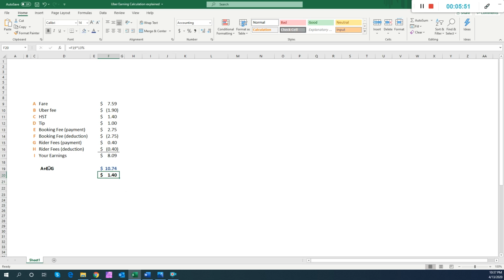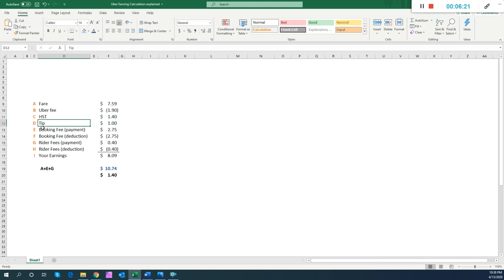If you add up the fare plus the booking fee plus the rider fee and multiply the sum of these three amounts by 13%, you will get the exact amount, which is $1.40. So that's how the HST is calculated here.